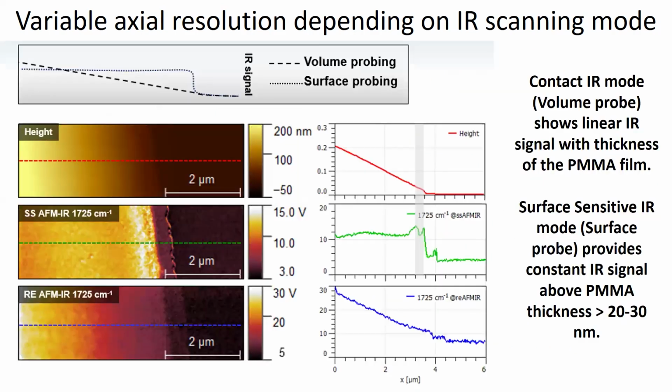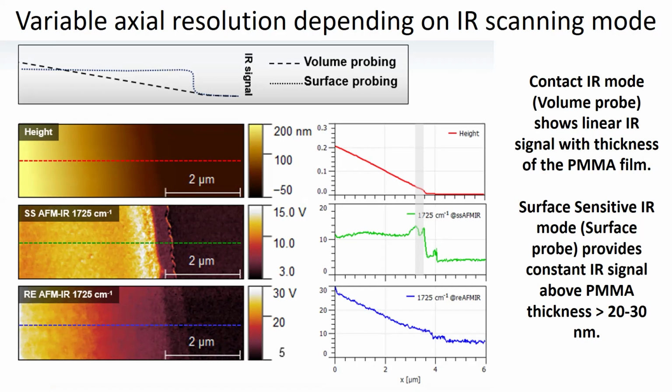And so in this experiment here, this is PMMA that was drop cast on a substrate. It's just kind of like this wedge here. So they're looking at the height profile, this slope. When we use the contact or volume probe method, we see that the intensity of the IR response just scales linearly with the thickness of the material.